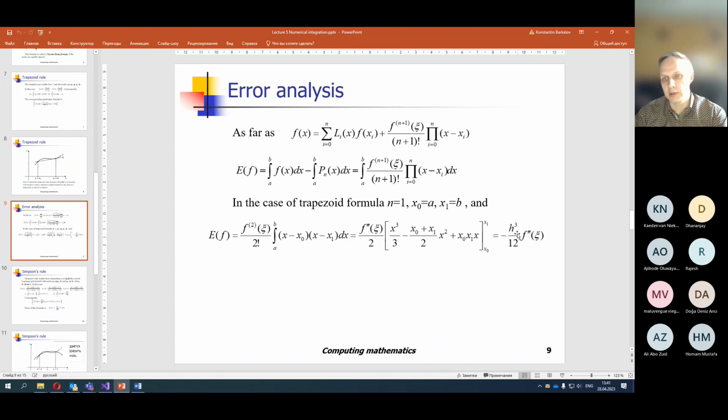The first term depends on h, where h is the difference between the points x0 and x1. It's a step, the distance between x1 and x0. And the second term is a second derivative, the value of the second derivative of a function at some point xi.